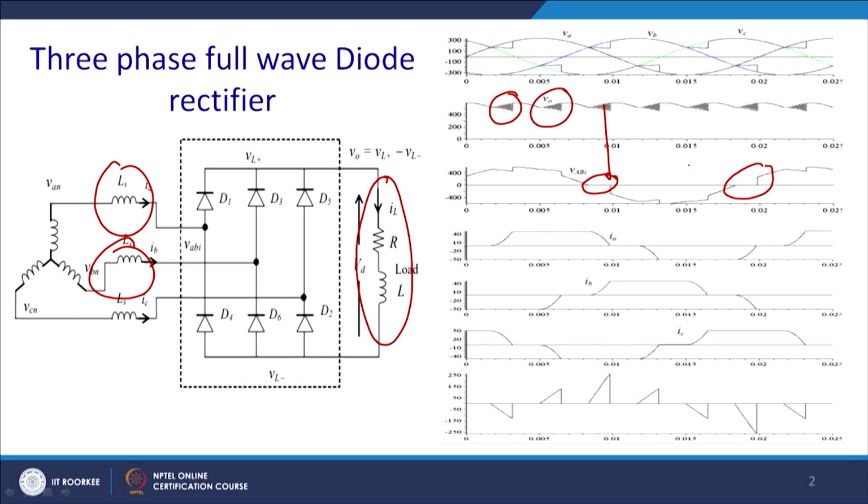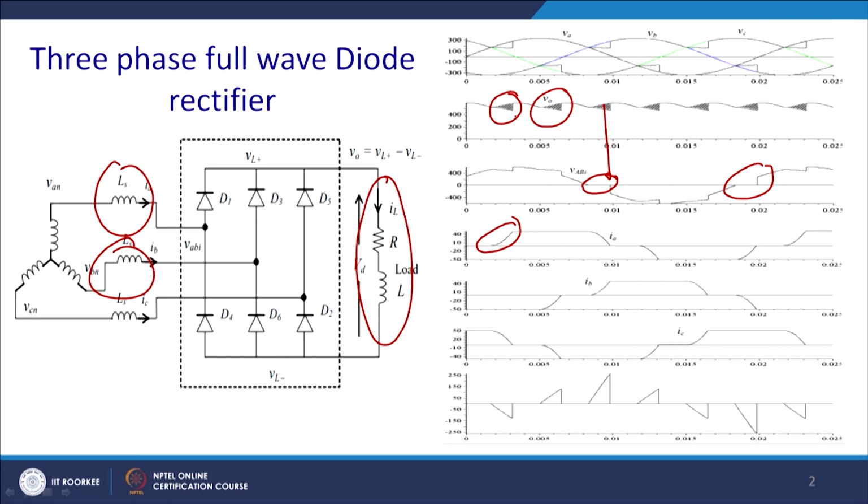Since there is an inductance, we also find that the current rises like this. It will take some time for the current through D1 to rise to its value, and before that D5 was conducting because it was the most positive phase. So, in this region D1 and D5 both will conduct for some time, and thus there will be a dip in the load voltage.